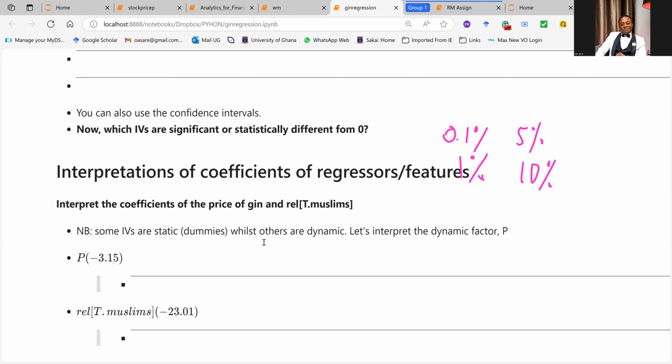So let's start with the numerical variable price. How will you start and interpret it? On average, that's what you write.